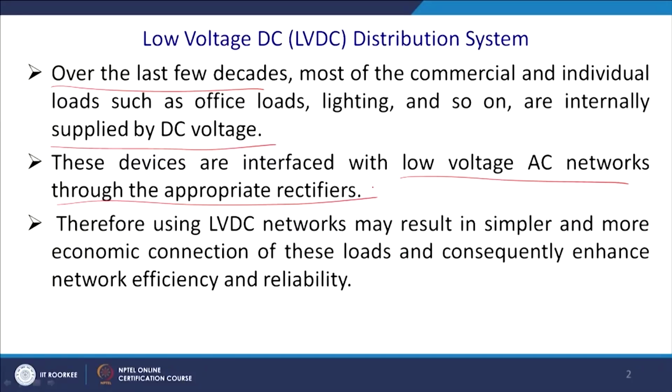Therefore, using a low voltage DC network normally results in simpler and more economic connections of these loads, and consequently enhances the network efficiency. Please understand that there are many disadvantages of harmonics. Once you convert DC to AC to DC, you are throwing a lot of harmonics into the system, and those harmonics will derate every component.